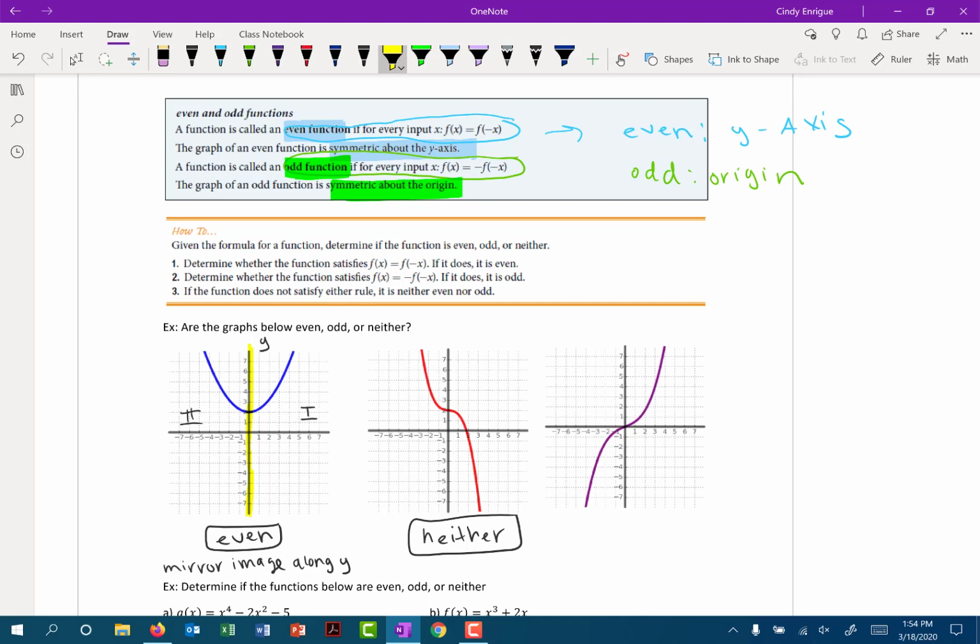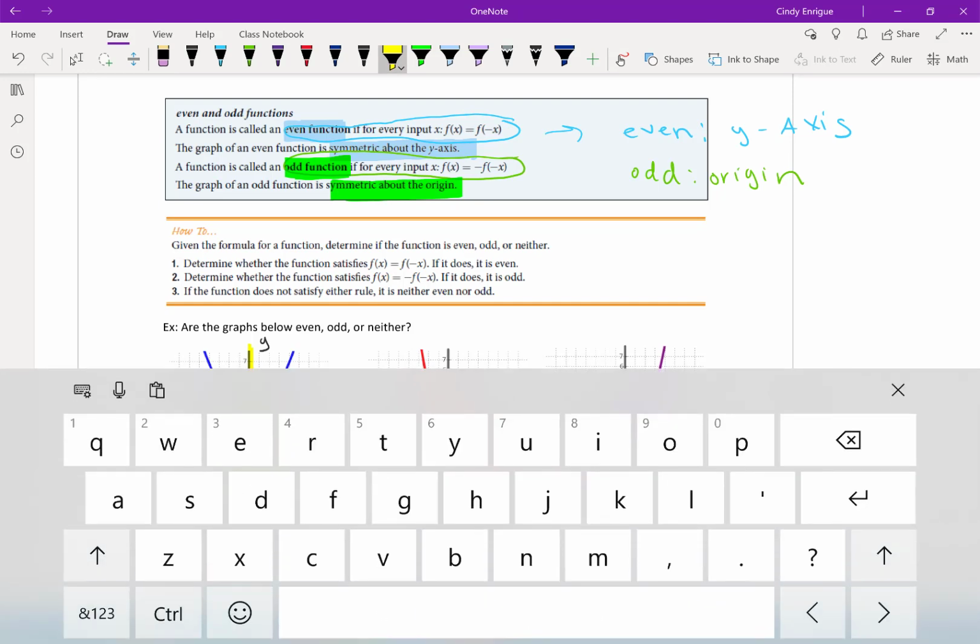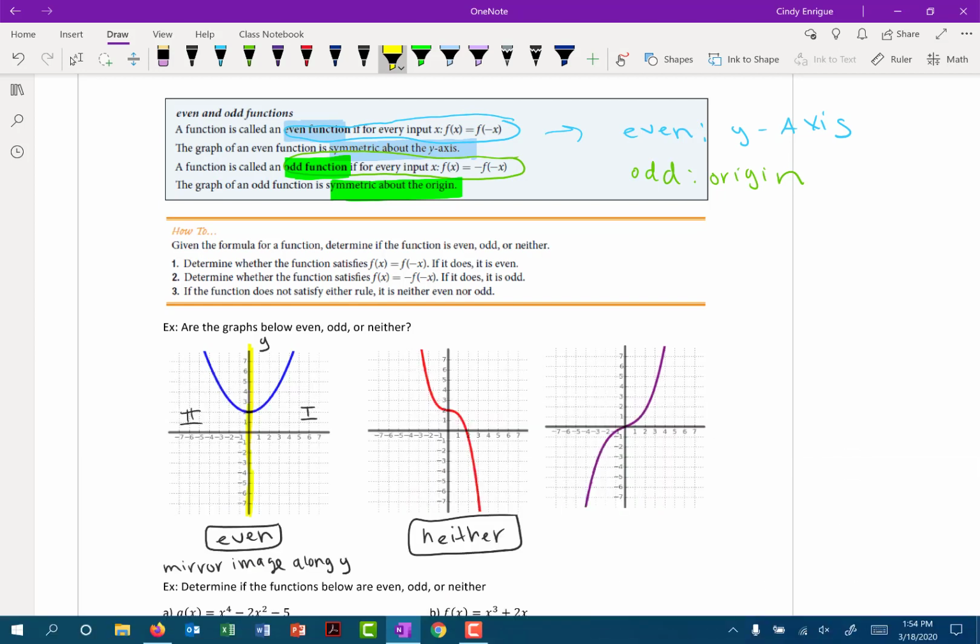But now let's see if it's symmetric about the origin. So if it's going to be symmetric about the origin, here and here, well, is this side the mirror image of this side? I think so. This is going up and this is going down.